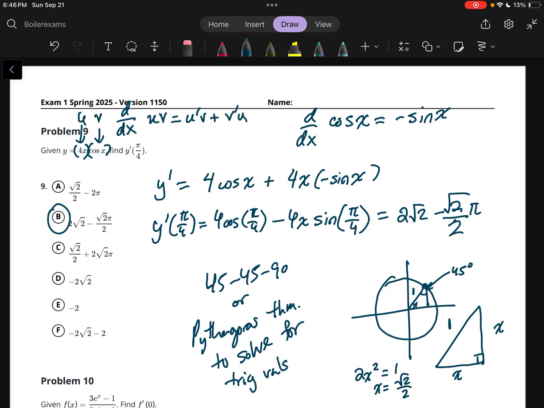Cosine is equal to the x value divided by the hypotenuse. So it doesn't make a difference either way. That's how you can determine that sine of pi over 4 or cosine of pi over 4 equals root 2 over 2. Then you plug things in, and that's how you get that the answer is B.